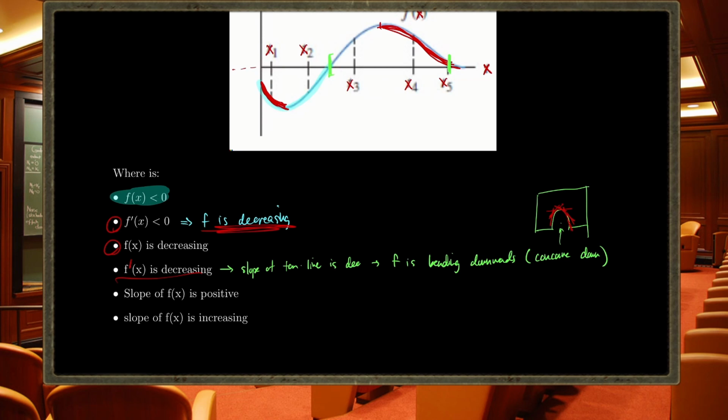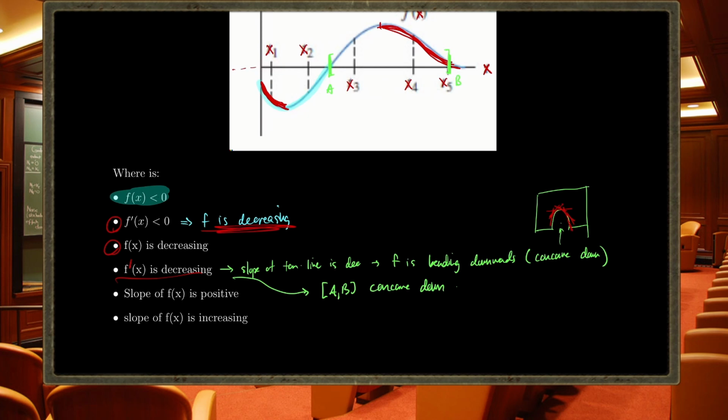So again, you could use labels here maybe because we've got so many different things going on. Between A to B, concave down means that f prime is decreasing. And now this fourth piece is asking, where is the slope of f of x positive?